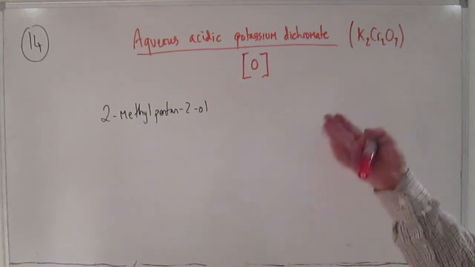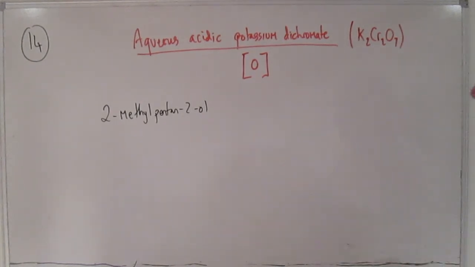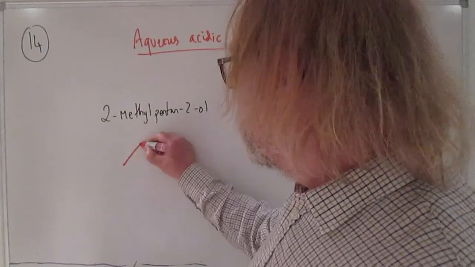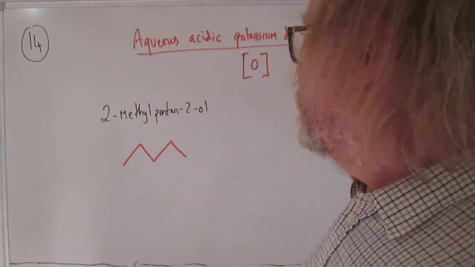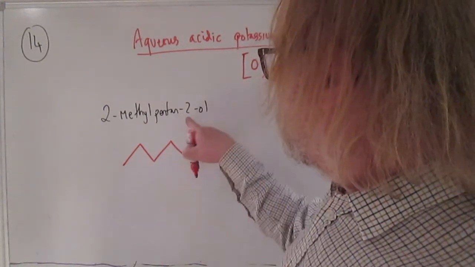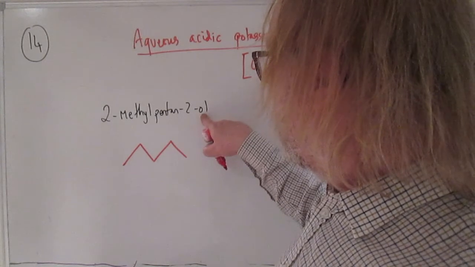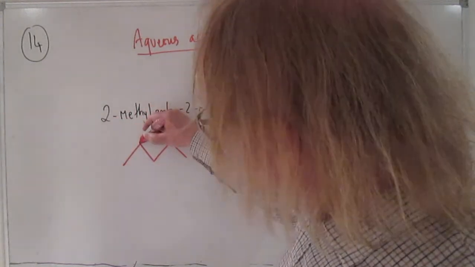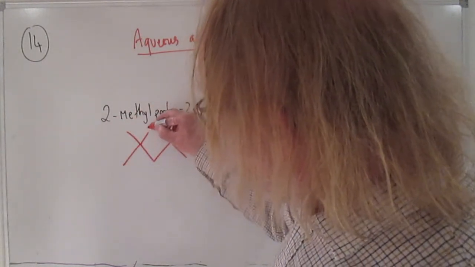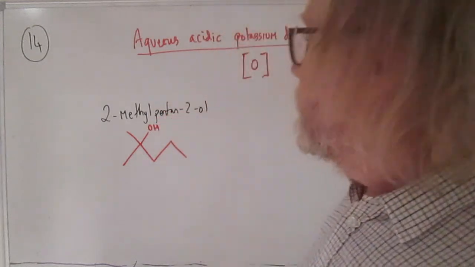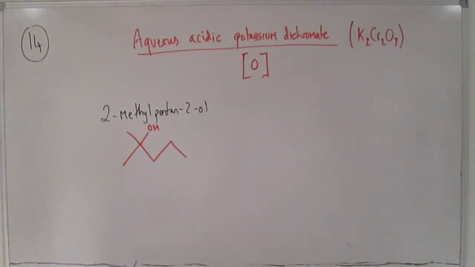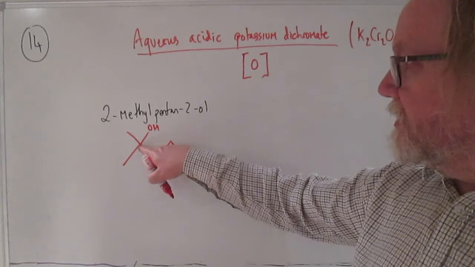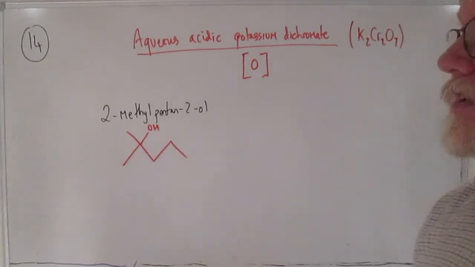So then we have to think about this compound, 2-methylpentan-2-ol. So pentan, chain of 5, and carbon 2 has the OH, but also a methyl group. So it's that. And that, you can see, is a tertiary alcohol, because the carbon with the OH has 3 other carbons attached.